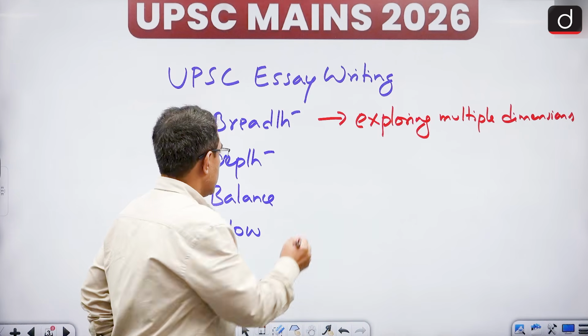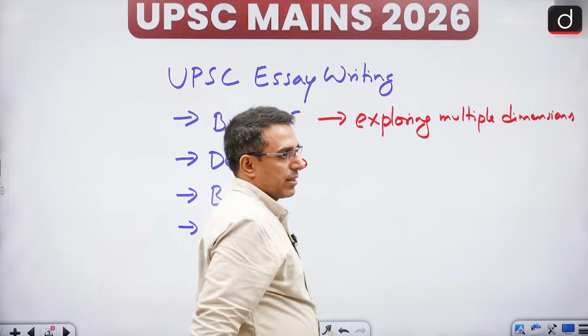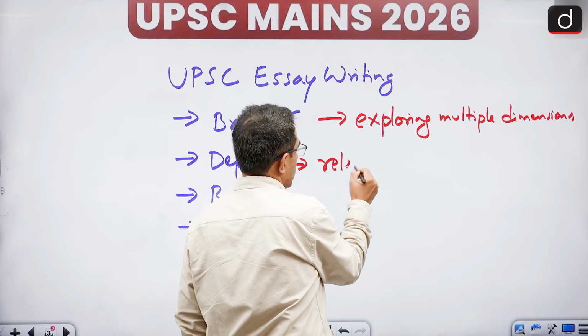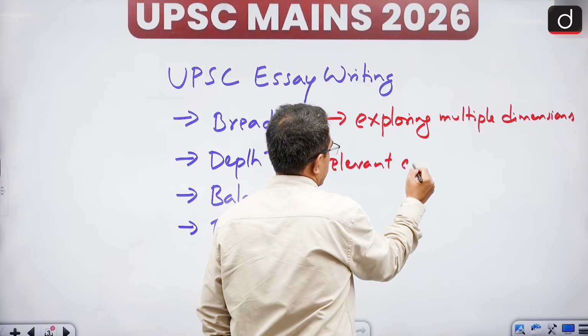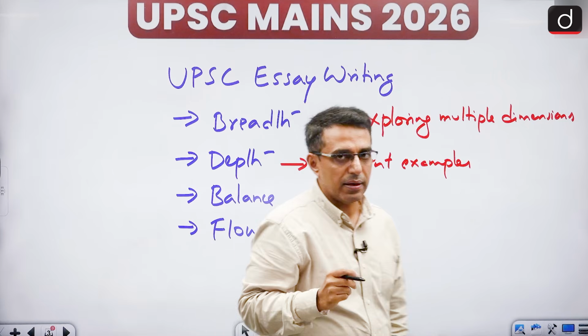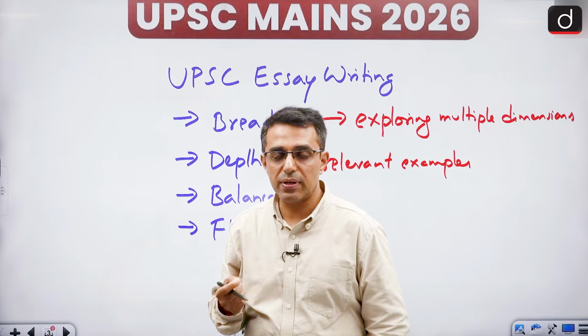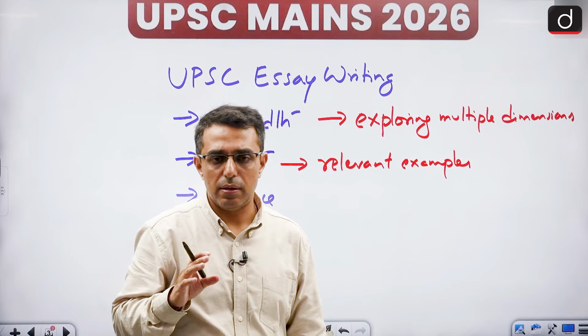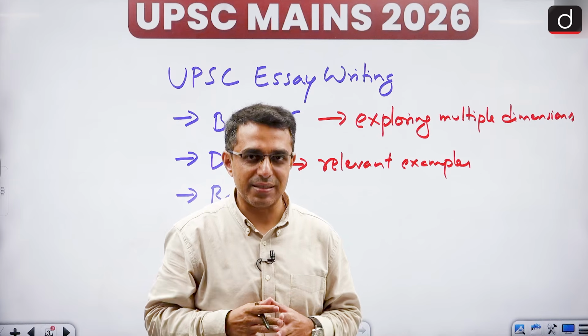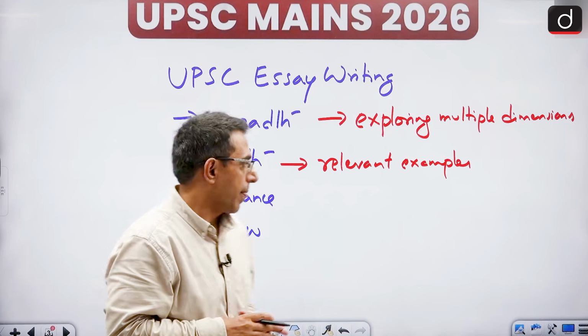Next is depth. Depth to an essay comes from the relevant examples. So we have to use relevant examples. If we are stating something, then it helps if we can give the relevant example which can make what we are stating more concrete for the examiner to perceive.